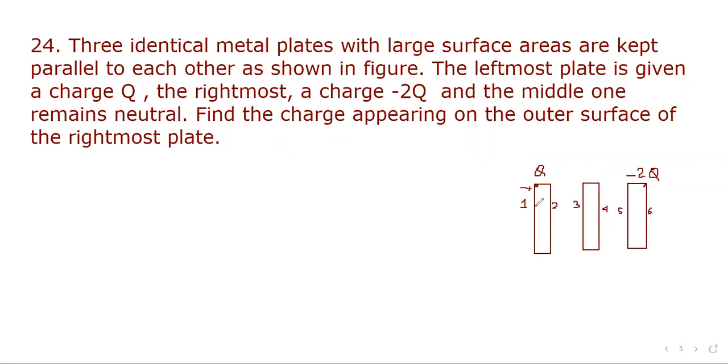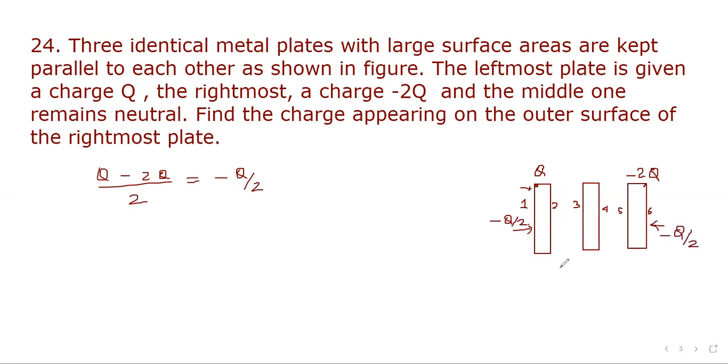So outer surfaces 1 and 6 will contain same charge, and that will be average of the two charges. So that is q minus 2q divided by 2. That will be equal to minus q by 2. So we can say this will contain charge minus q by 2 and this will contain charge minus q by 2.